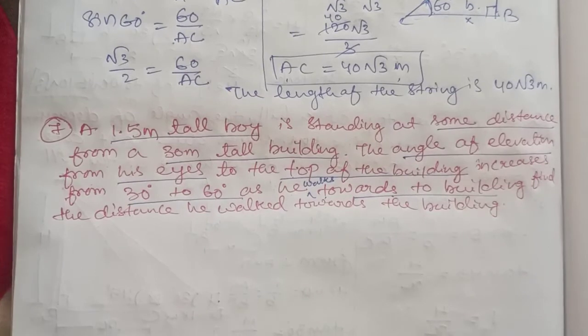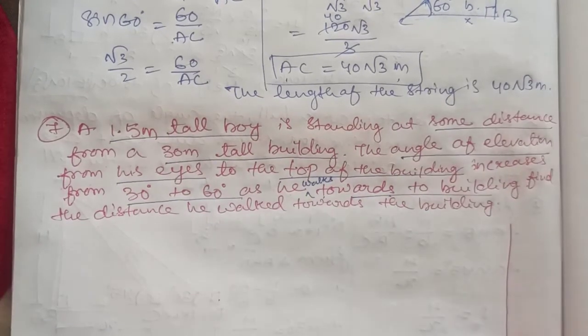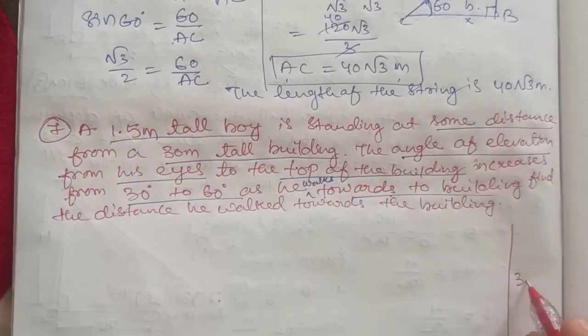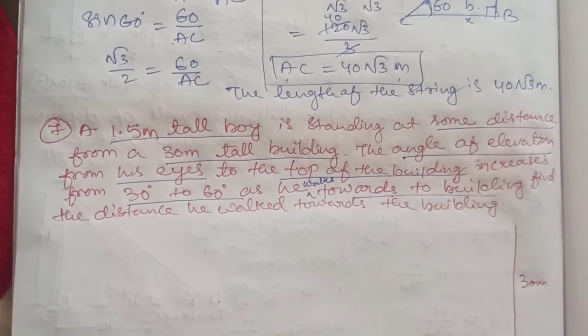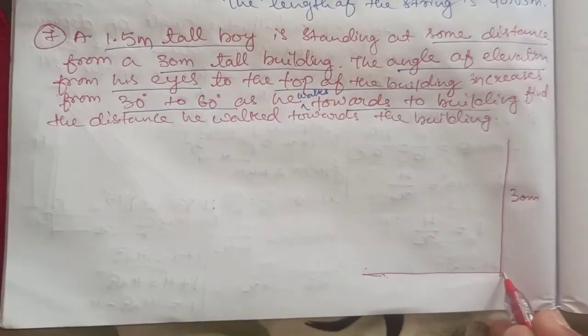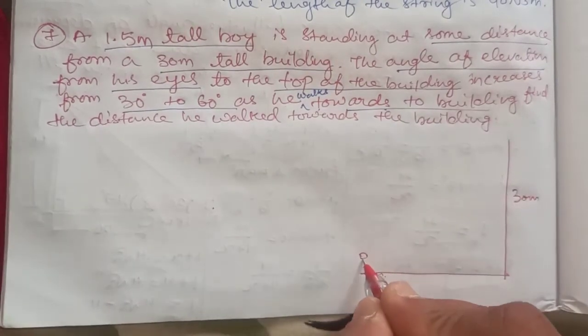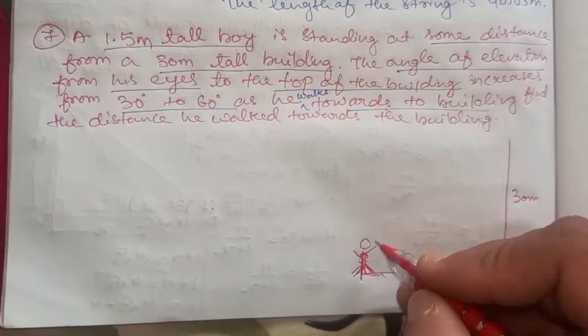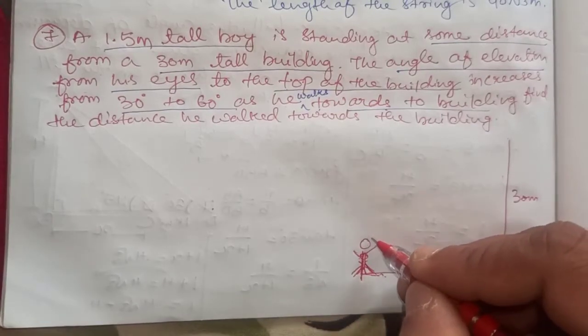So first of all, we will draw a diagram to understand the question. There is a building, which is 30 meter high and situated on the ground. There is a boy standing on the ground and he is observing the top of the tower.